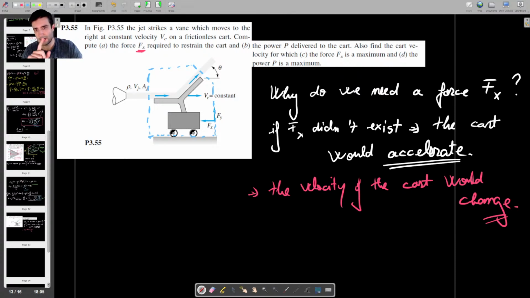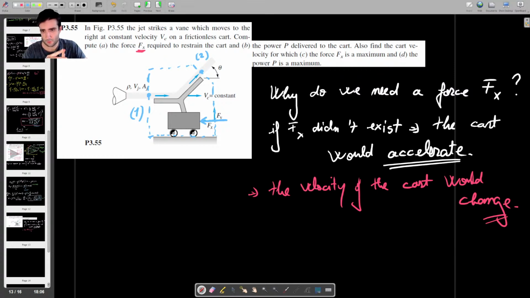I have one inlet here, I have one outlet, so 2 points where the jet leaves or enters the system, and the other thing is I have a force that's holding this car from accelerating. It's not holding it still, it's just keeping it from accelerating, which is Fx. Fy, I'm not really going to care about because the question doesn't ask about it. And that's essentially it.